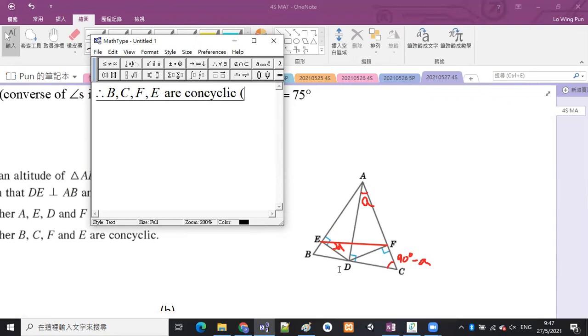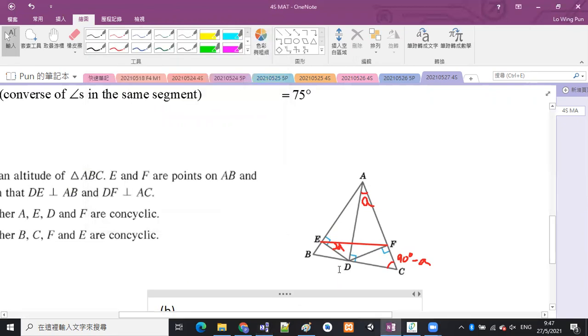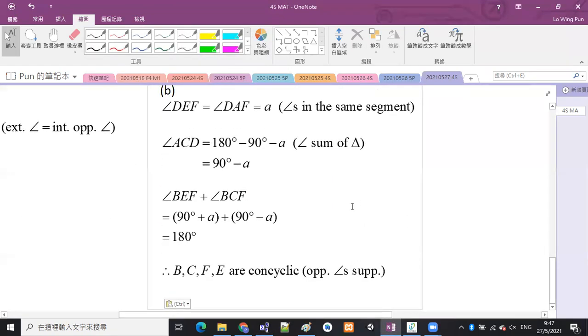And this time I've used the reason of opposite angles supplementary. Is that okay?